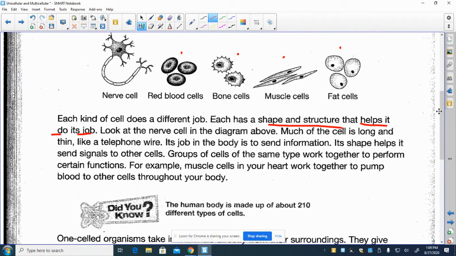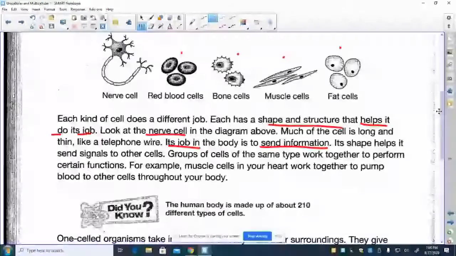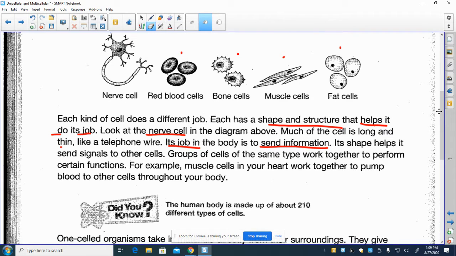So why, being long and thin, why would that be important? Its shape helps it send signals to other cells. So that's why they compared it to a telephone wire. A telephone wire sends information through the wires. Nerve cells send information through their wires.